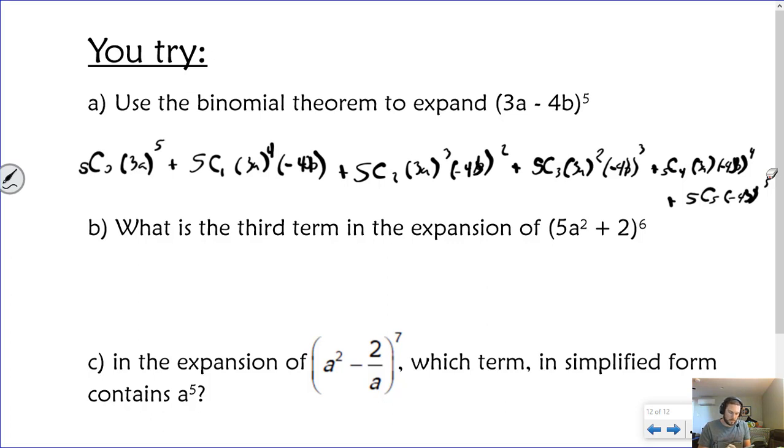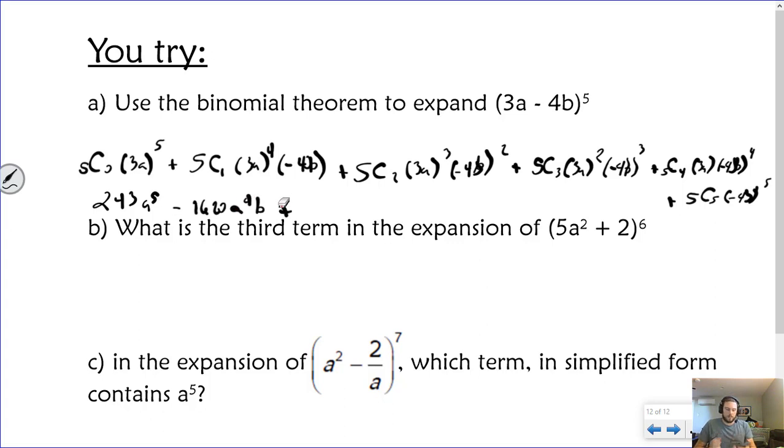So 5c0 is 1, so we get 3 to the power 5, and we get 243 a to the 5, plus 5c1 is 5 times 3 to the 4 times negative 4, and we get, so this time it's going to be minus because it's negative, so minus 1620 a to the 4 b.